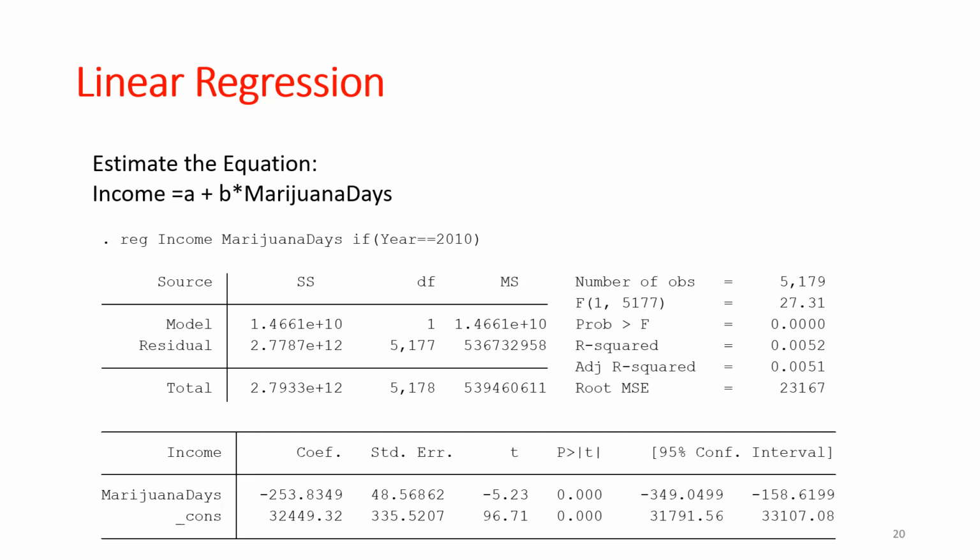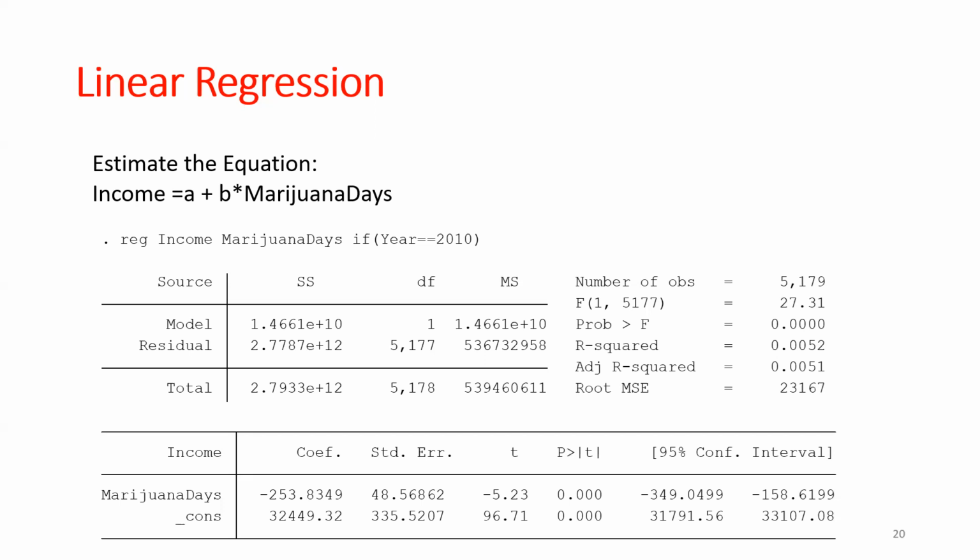Right? So here, how would I interpret this coefficient? What's a 1 unit increase in my X variable? It's measuring the number of days you use marijuana each month. A 1 unit increase would be using marijuana one more day, right?